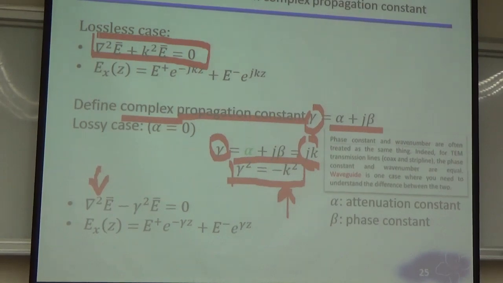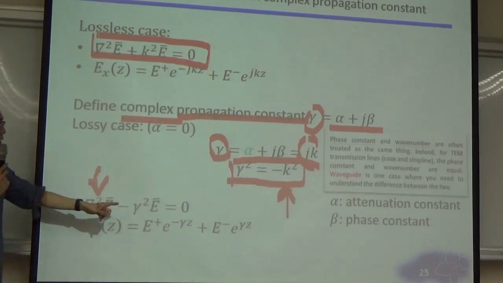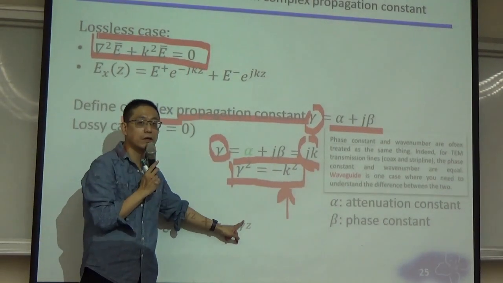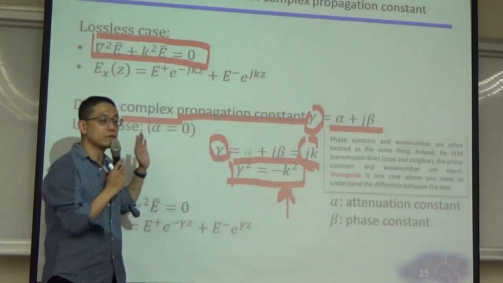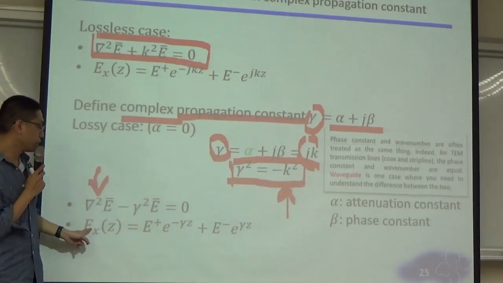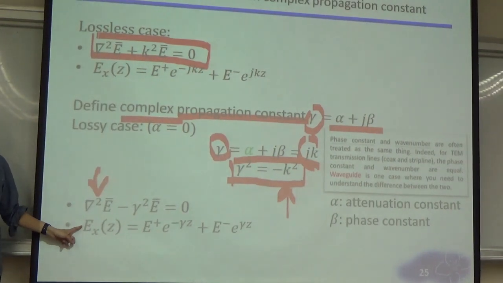But at this point, it's very easy. Maybe you can write down alpha plus j beta instead of j k, and put this term here and also here. And this is our new electric field in the lossy material.